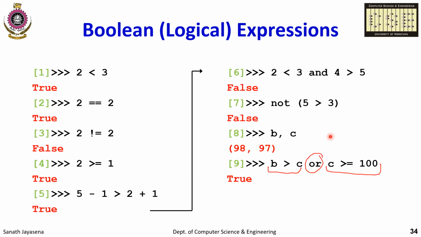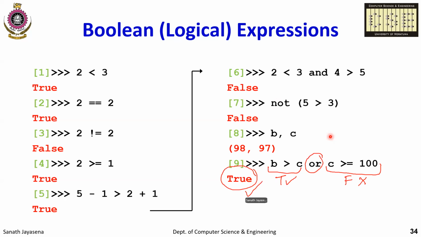For the OR operation, if at least one of the two operands is true, then it's enough. So B greater than C. B is 98, C is 97, therefore this is true. But C is 97, so C greater than or equal to 100 is not true, this is false. Because just one is true, you get the overall result as true.